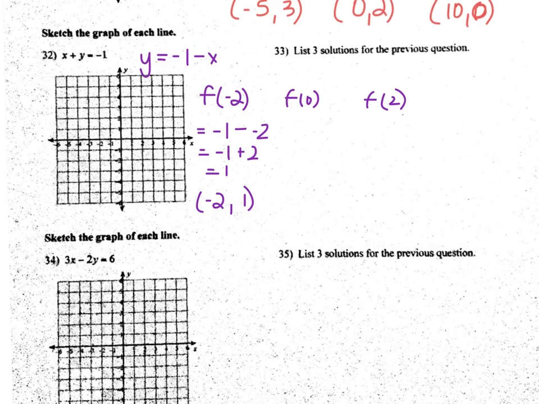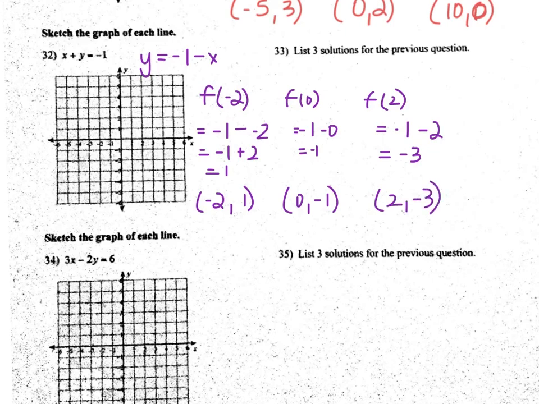All right, my next one, I'm going to do -1 minus 0. That's just -1. So my next ordered pair is (0, -1). And then -1 minus 2 gives me -3. That's (2, -3).